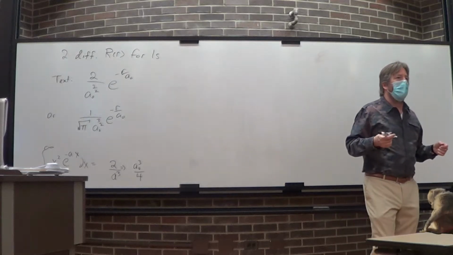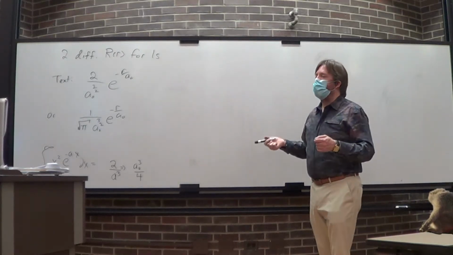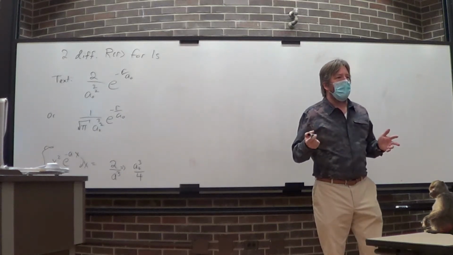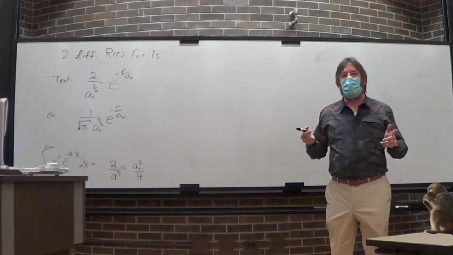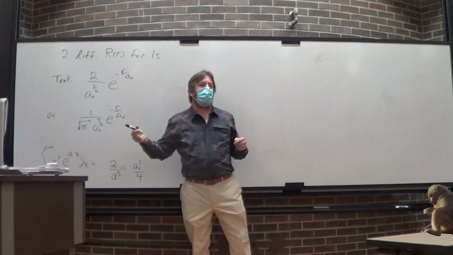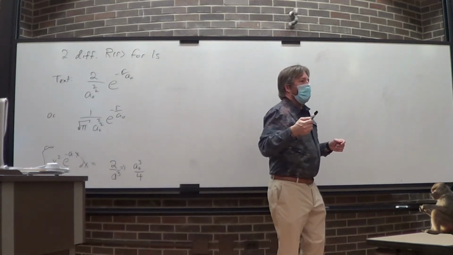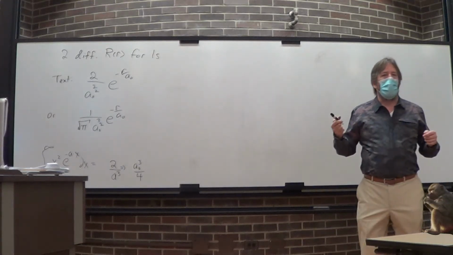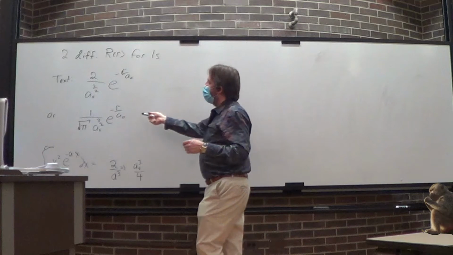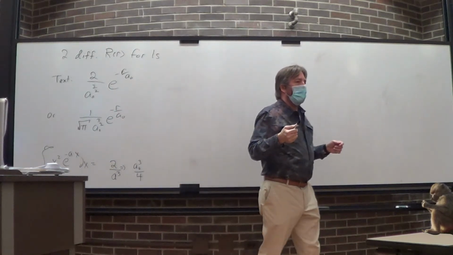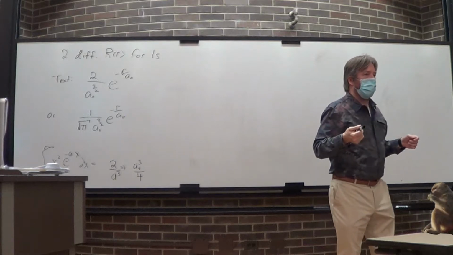Number 2, if you are Googling what is the wave function, and I do this all the time, you have to be extraordinarily careful because you will find one of 2 answers. Here's just the 1s. And that's why I was flummoxed earlier about what the normalization constant was. Because there are 2 different sets of wave functions, radial wave functions.